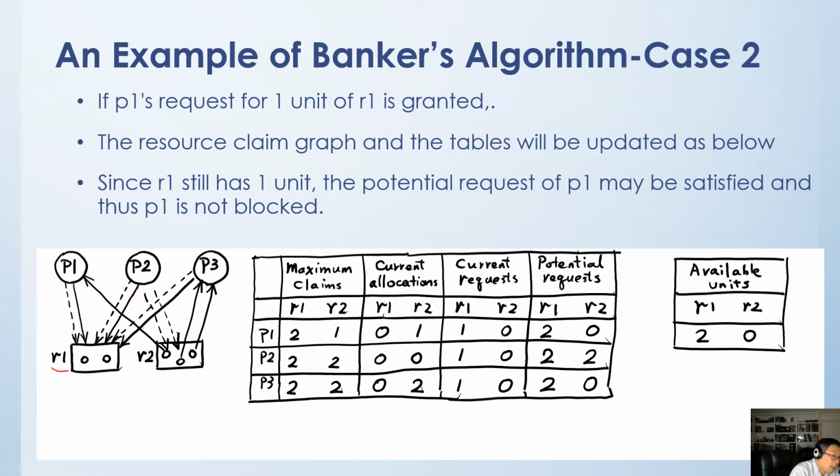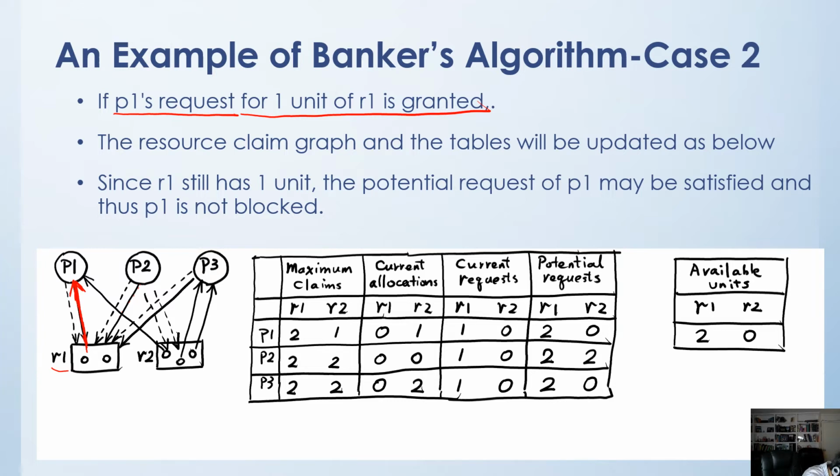Now let's try another case, case 2. This time we grant P1. So if P1's request for 1 unit of R1 is granted, that's this one. Suppose this request for R1 is granted, then we change the request to allocation.